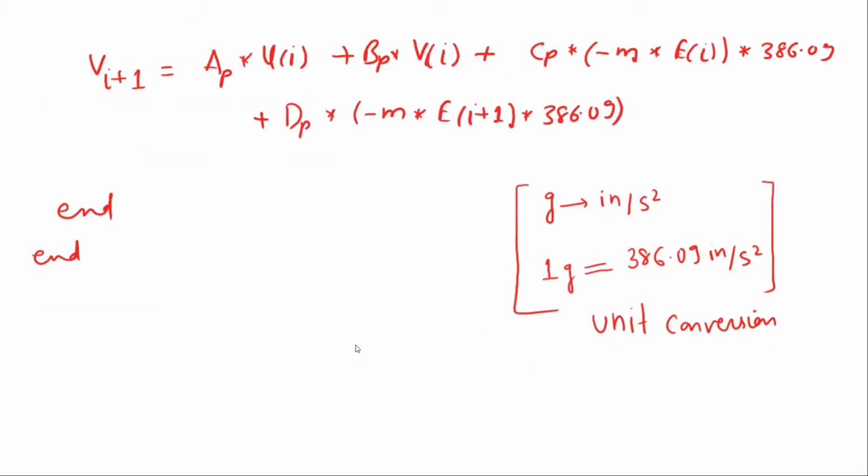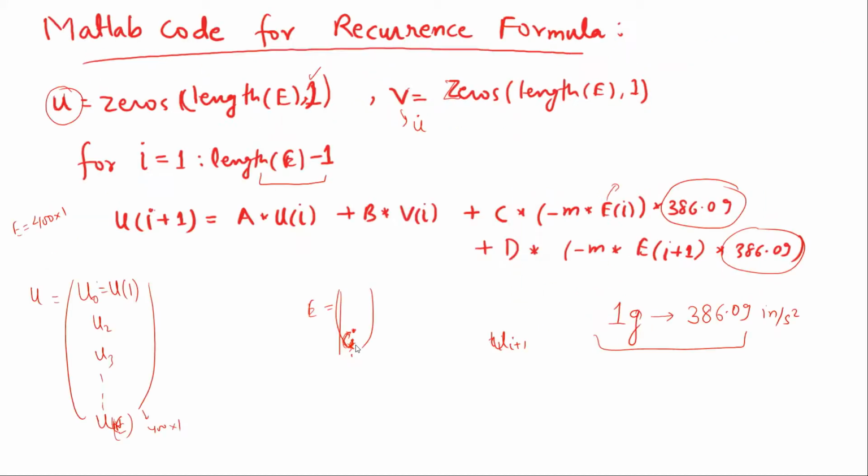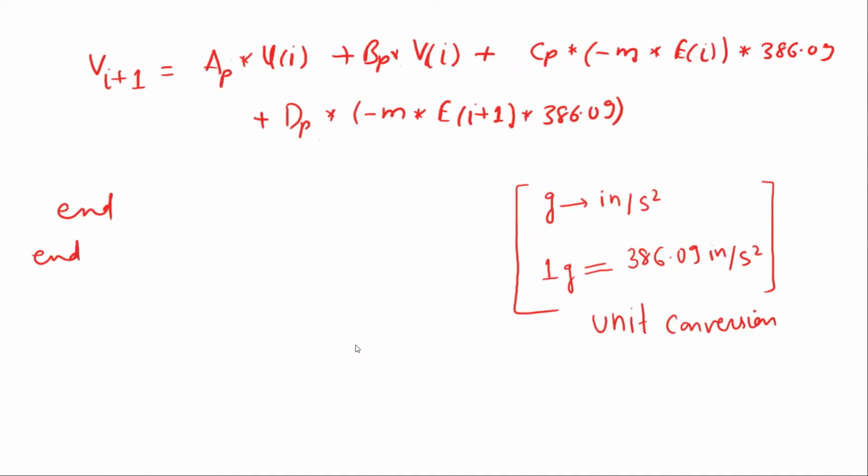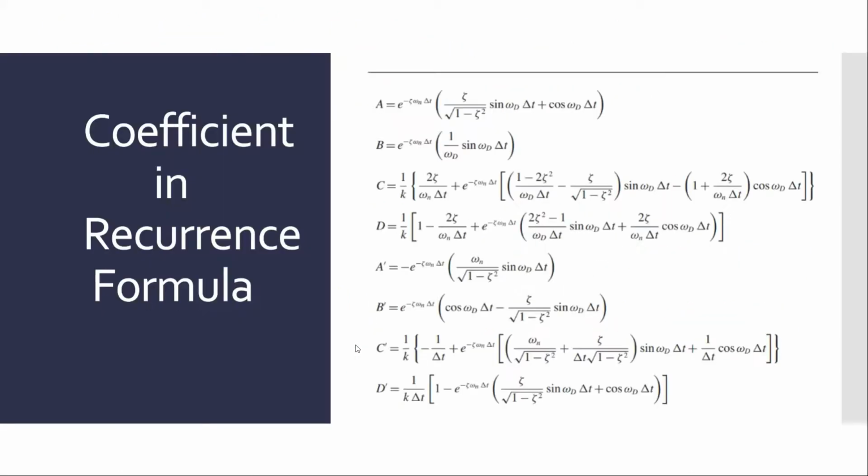Similarly, v of i plus 1 would be a prime, b prime, c prime and d prime, where a prime is nothing but the differentiation of a with respect to tau. The coefficient in the recurrence formula would be a equal to e to the power minus xi omega n delta t, into xi upon square root of 1 minus xi squared sin omega d delta t plus cos omega d delta t.